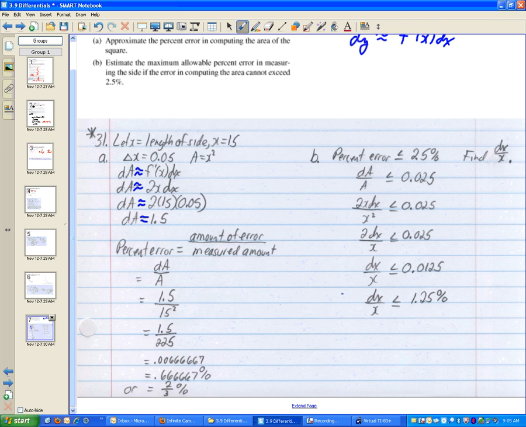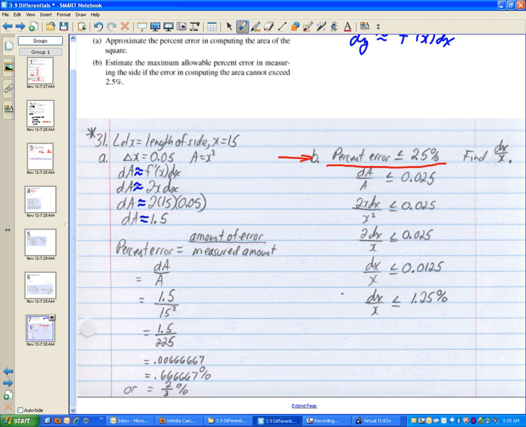Part B, estimate the maximum allowable percent error in measuring the side if the error in computing the area cannot exceed 2.5%. So the percent error must be less than or equal to 2.5%. That gets me that.